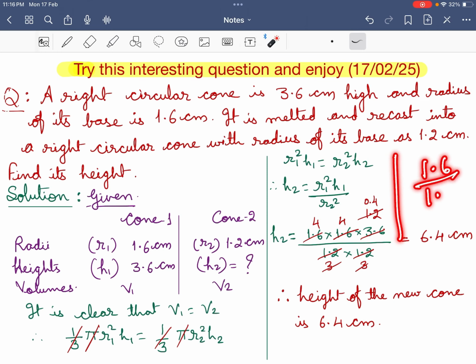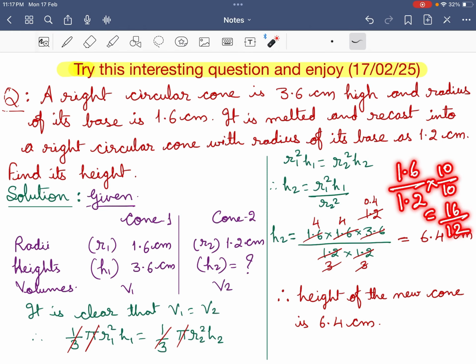Now for this calculation, for those who are having problems, I am telling you, 1.6 upon 1.2 is equal to 16 divided by 12. In both cases, after one digit the decimal is there, so when we multiply 1.6 and 1.2 by 10 and 10, we get 16 by 12.